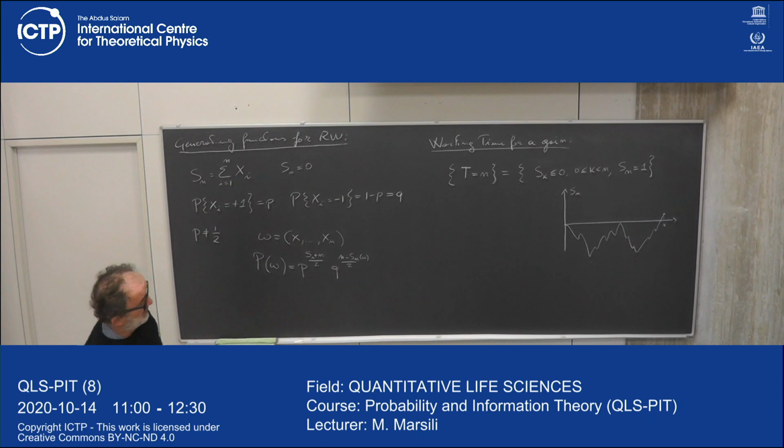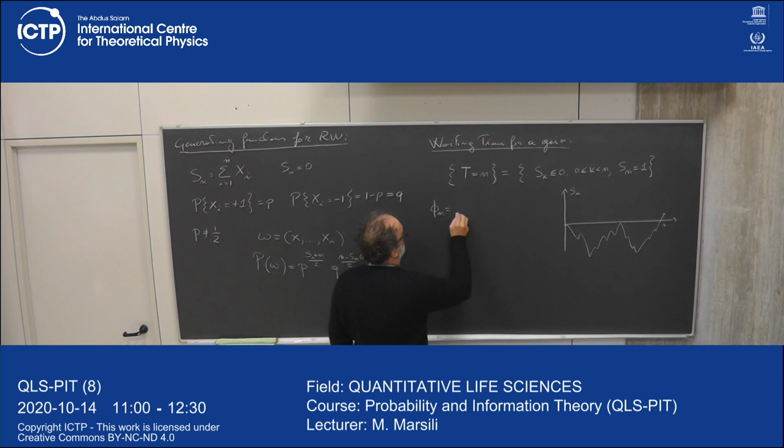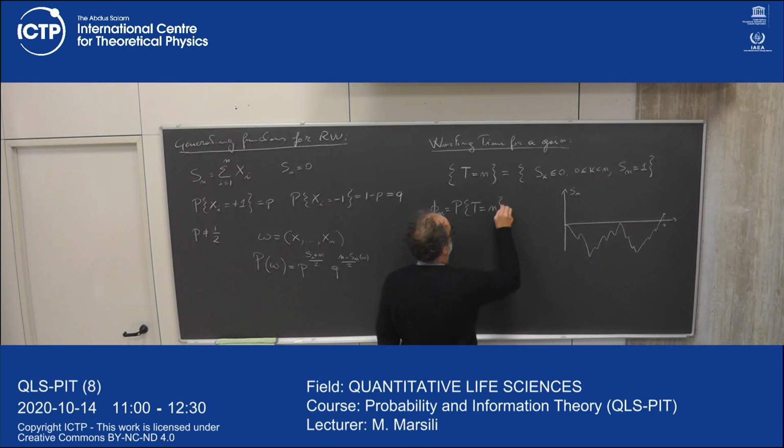Okay, so we call phi n the probability that T is equal to n.